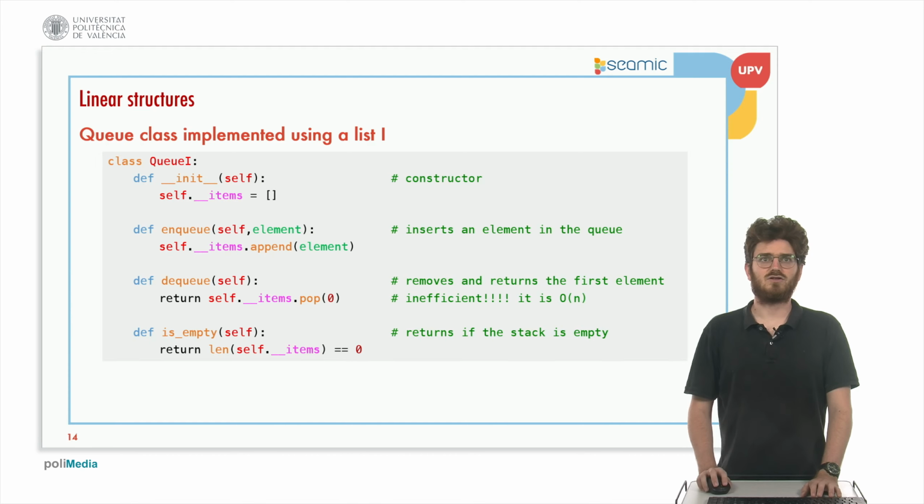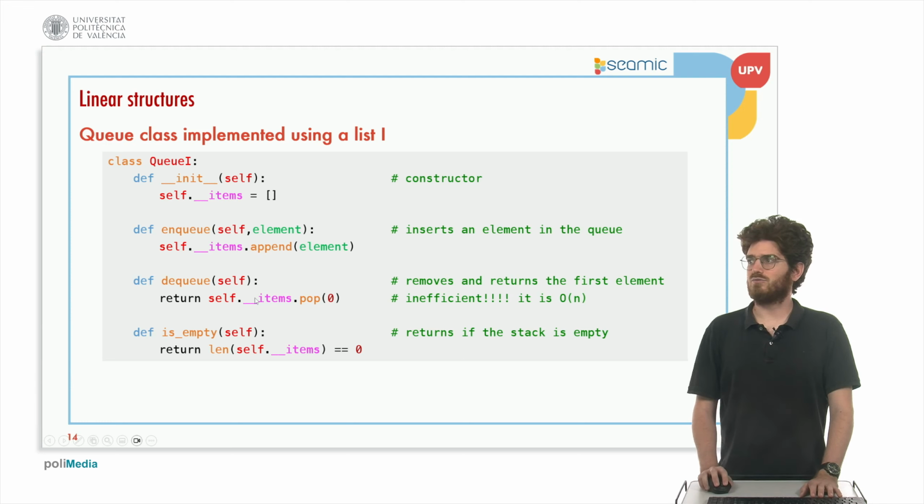problem with them. So first, let's see how we can implement a queue very simply with a naive implementation of a list. First, we implement the hidden list called items, and we initialize this to an empty list in the constructor. Then, whenever we want to add an element, we just append that element to the end of the list. Very easy.